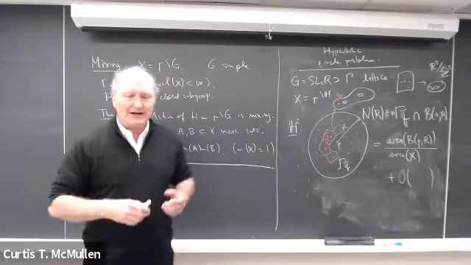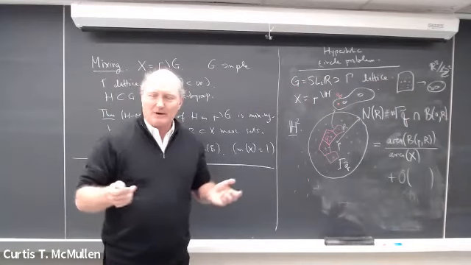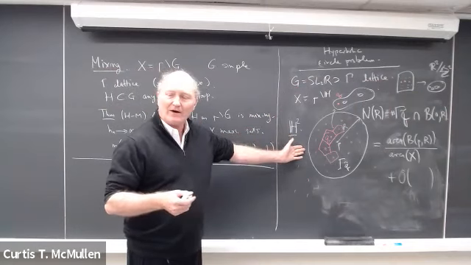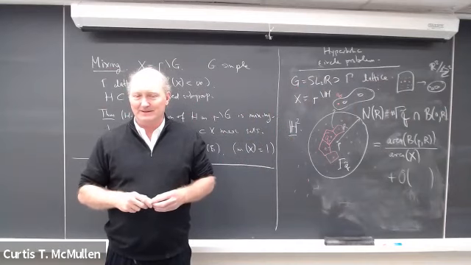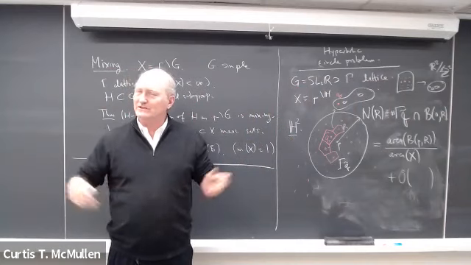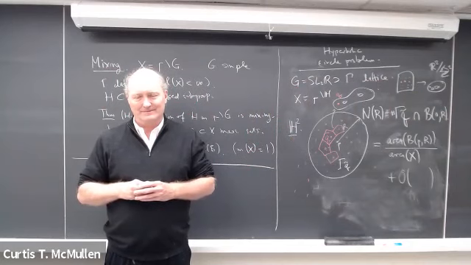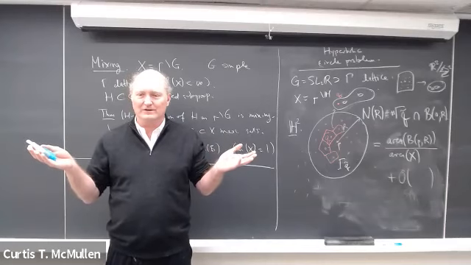Okay, now let's try to make this a little bit explicit. So somebody who hasn't spoken yet today, tell me just very roughly, what is the area of a large ball of radius r in hyperbolic space? Just grosso modo. Don't need a formula, just like, how does it feel to you?